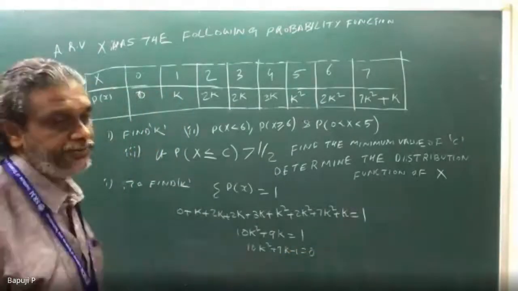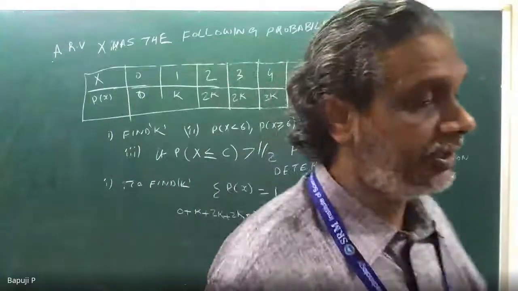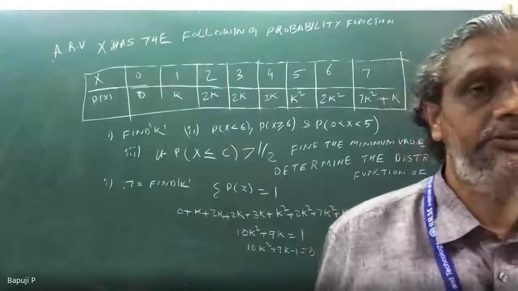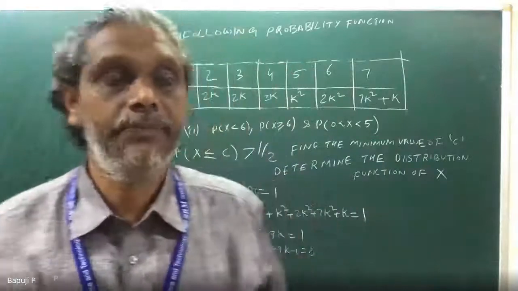Then if the coefficient of k square is 1, I can do it directly. If it is more than 1, split the middle term, then factorize. If that is also not possible, you know how to solve a quadratic equation. How will you solve ax square plus bx plus c? Tell me.